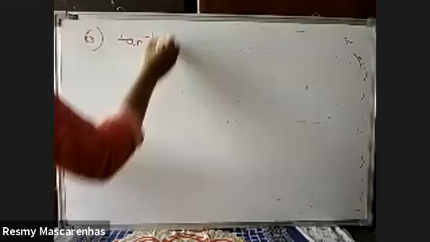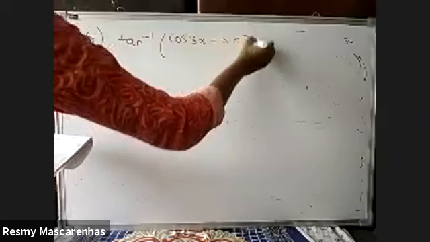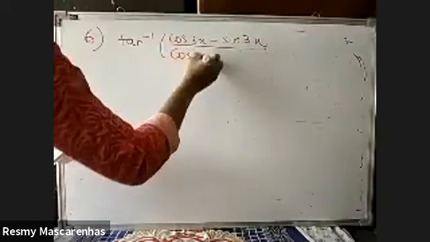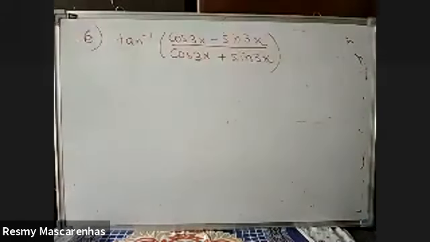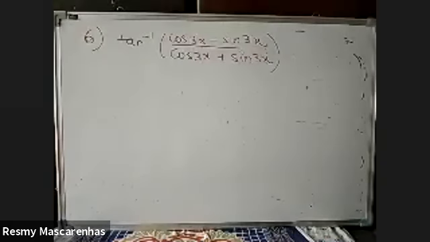Tan inverse of cos 3x minus sin 3x upon cos 3x plus sin 3x, call it y.